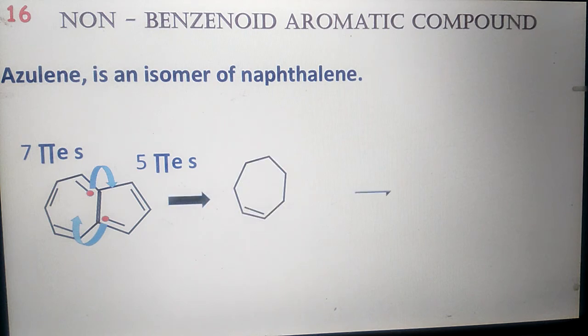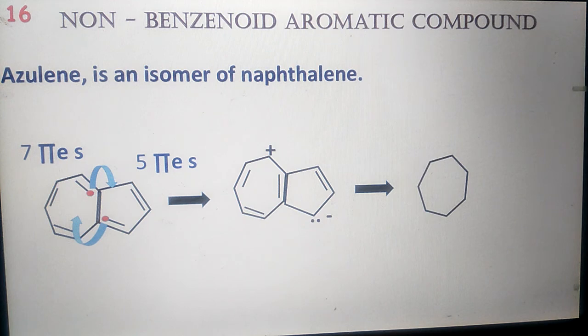By transferring one electron from the 7-membered ring, the electrons in the 7-membered ring become equal to 6, and those in the 5-membered ring also become equal to 6. So it obeys Huckel's rule.